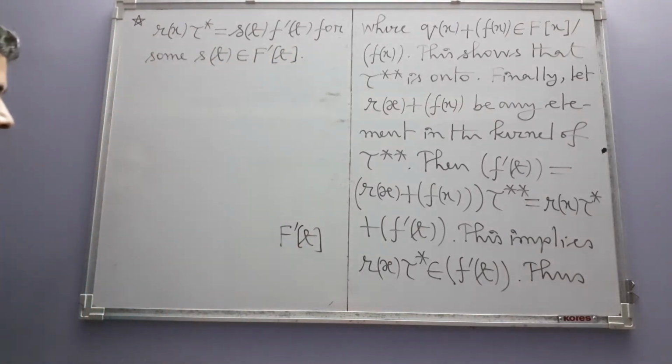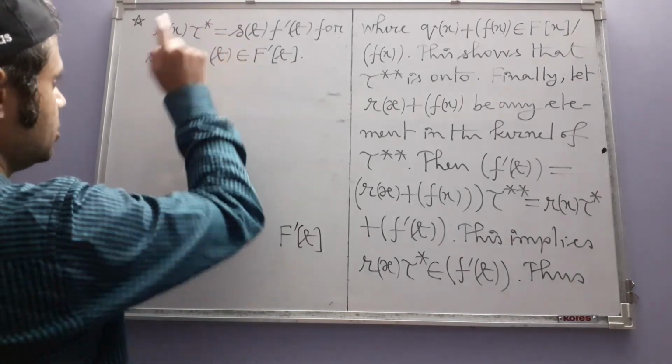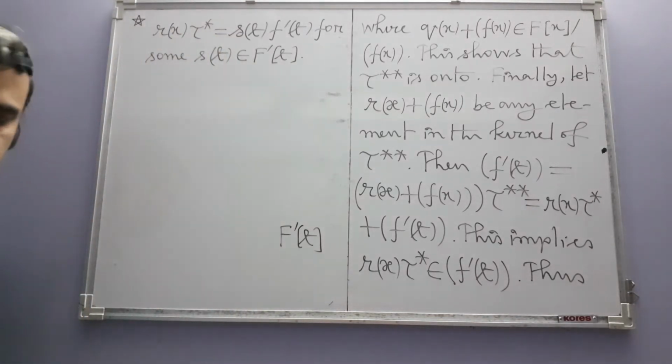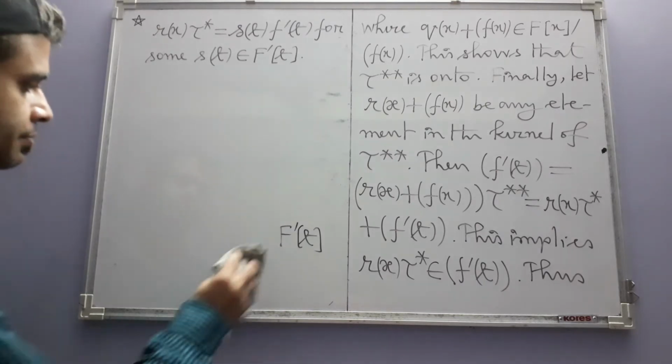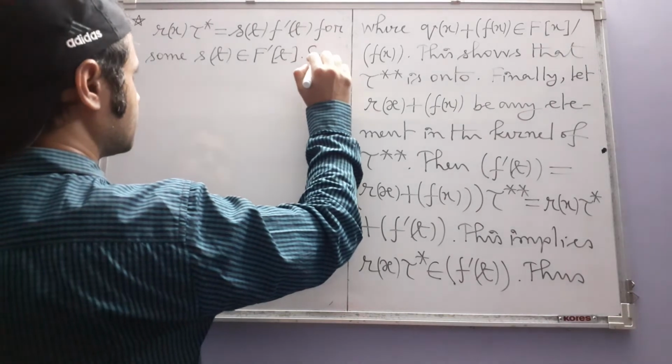Now we again use the fact that tau star, this previous isomorphism, is an isomorphism, so it's onto.